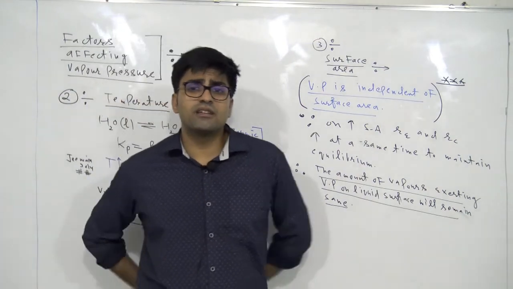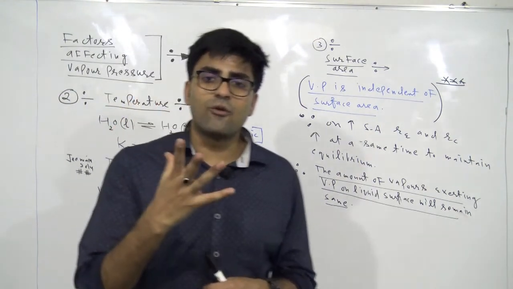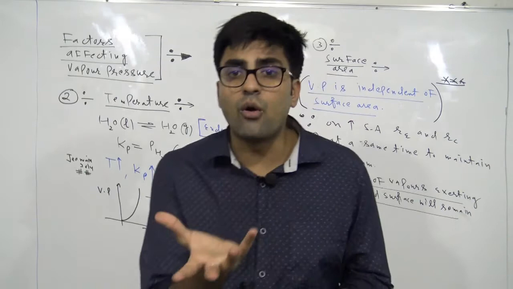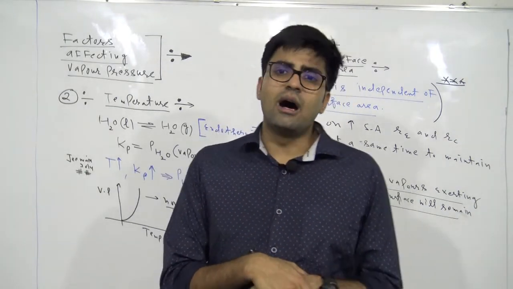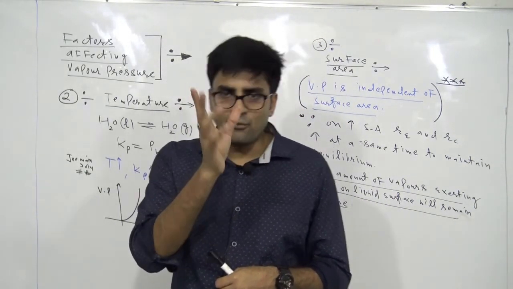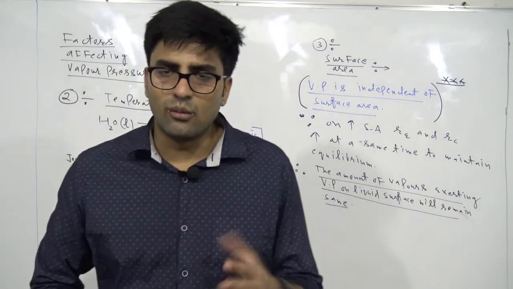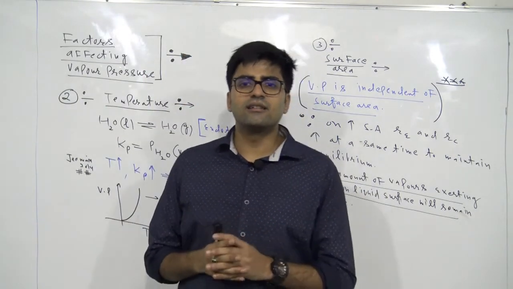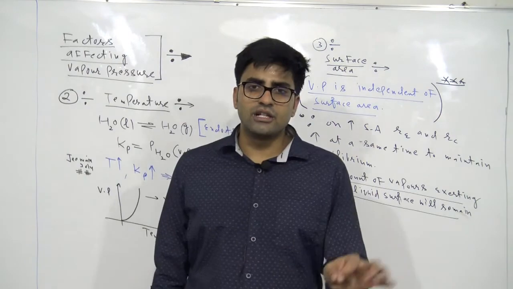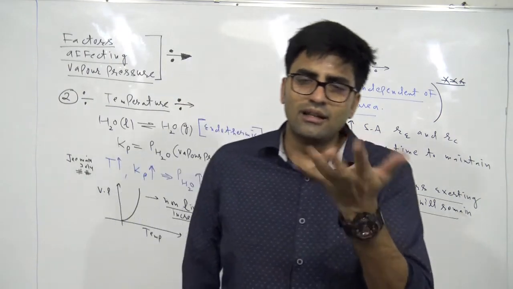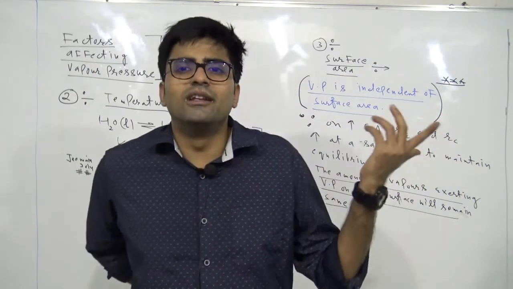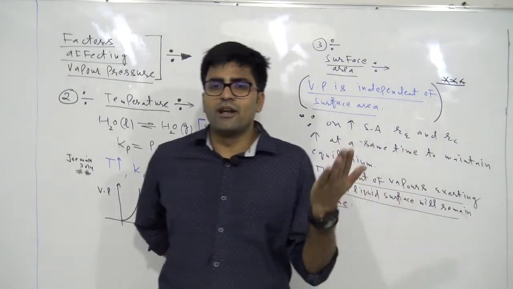It means vapor pressure is a type of quantity which does not depend upon the amount. Now let's say I'm boiling 10 liter of water. Boiling water has what temperature? 100 degrees Celsius. Now someone came and took a little water, let's say 0.1 liter. What will be the temperature of 0.1 liter water?